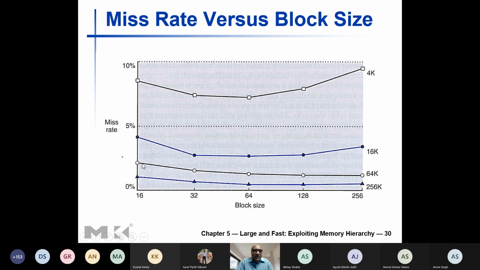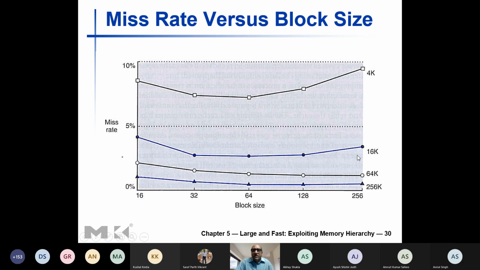For that, if you increase the block size, then the miss rates will be lowered. But at the same time, if you keep on increasing the size of the blocks, in the case of smaller caches, very few blocks can be present. So even if you increase the block size for caches of small sizes, it will result in a further increase in the miss rate.